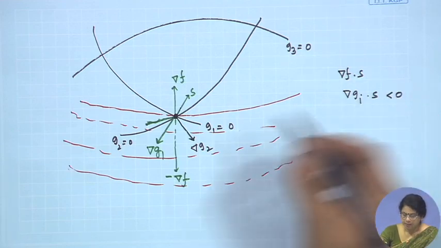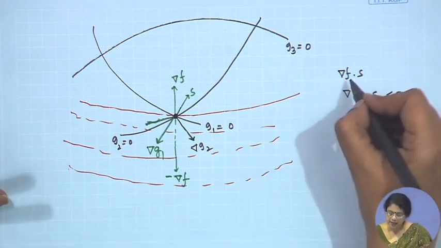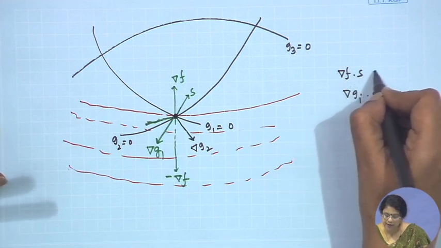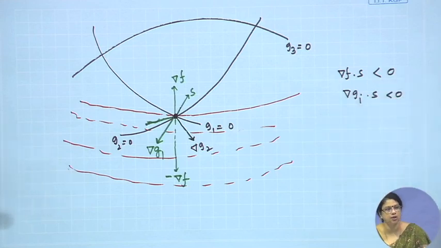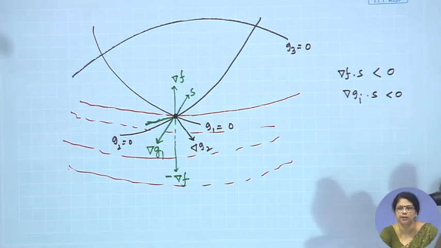All right. But the other way, I can say grad of f dot S is greater than 0 for the ascent direction, and grad of f dot S is less than 0 for the descent direction, it is also true. The Zoutendijk method of feasible direction is based on this fact.